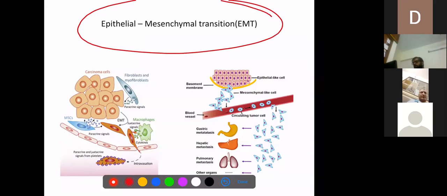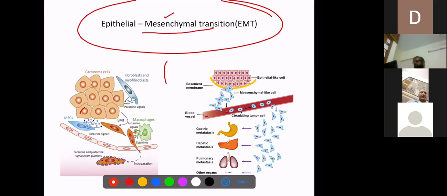Though that carcinoma arises from epithelium, epithelial cells are usually columnar or cuboidal. So they may not be comfortable entering the narrow spaces or going through the bridges. What they do is become like a mesenchymal cell.